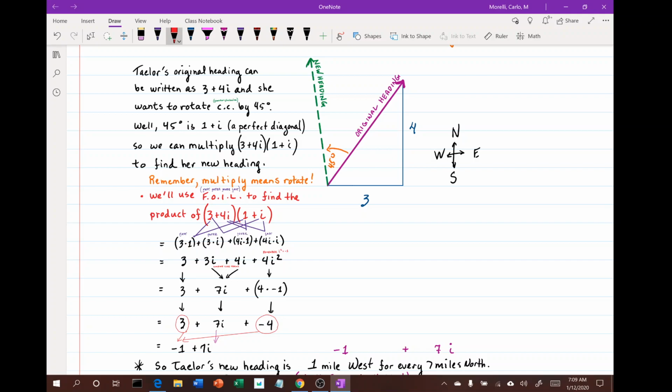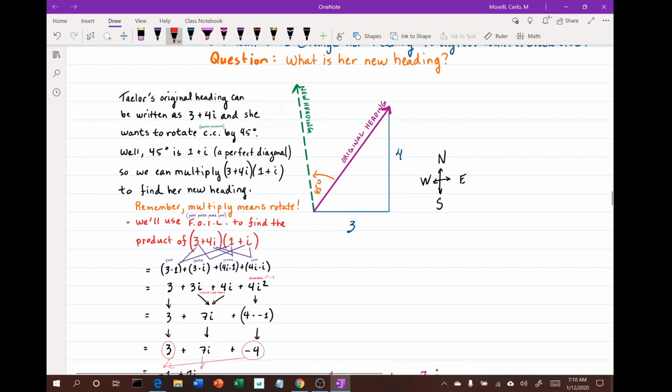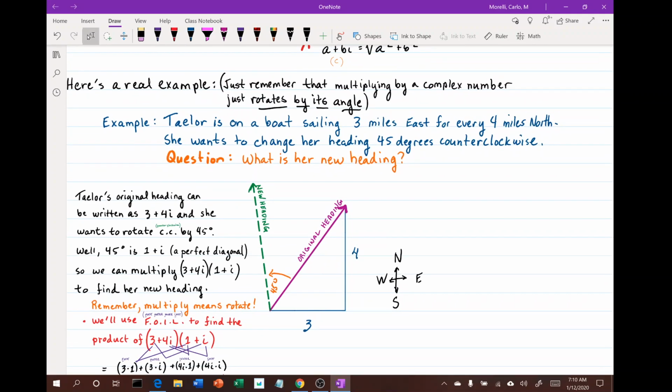Taylor's original heading can be written, okay, remember, she's sailing 3 miles east for every 4 miles north. 3 miles east is the real portion. 4 miles north is the imaginary portion. And remember, we can just add those, right?